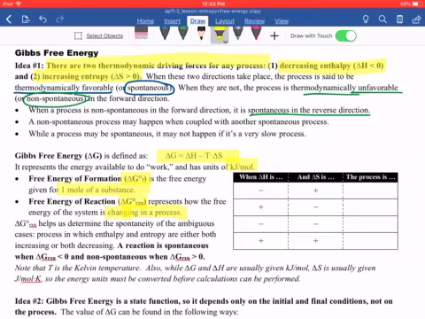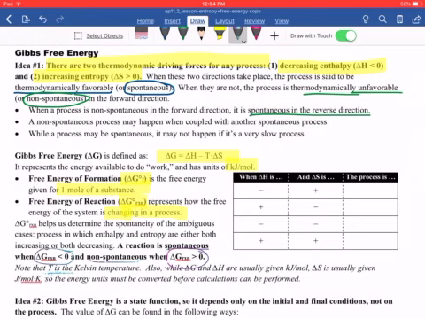It depends on how much they're changing by. So that's when this can help us. A reaction is spontaneous when Gibbs free energy is negative, and it is non-spontaneous when it is positive. So we want Gibbs free energy overall to be negative, and if it is non-spontaneous, it will overall be positive.